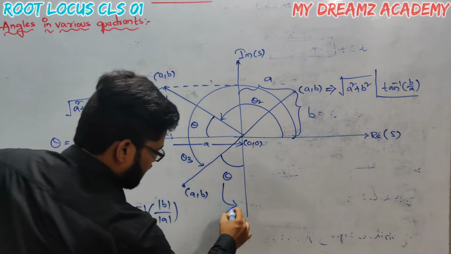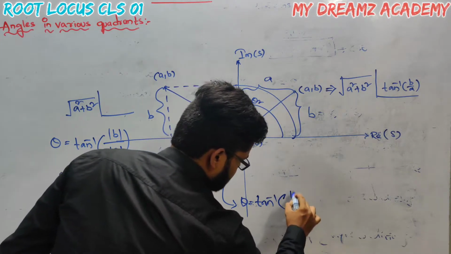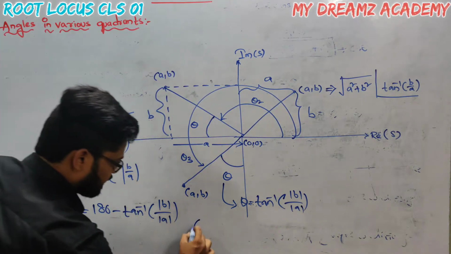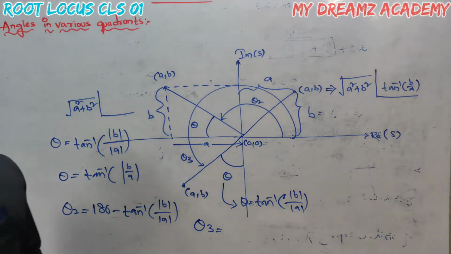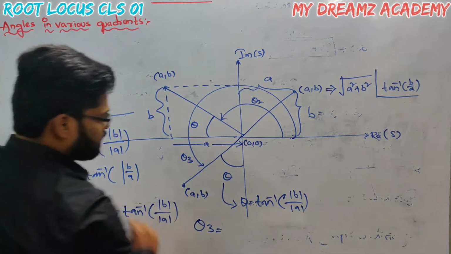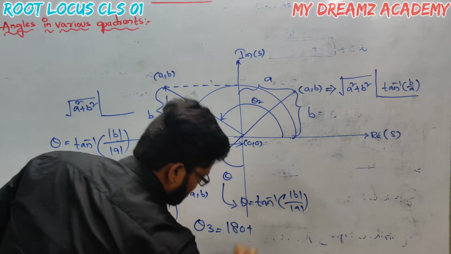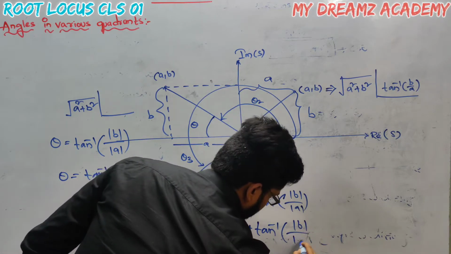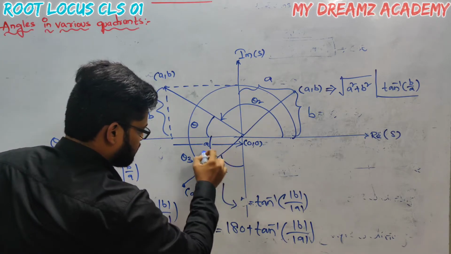Theta will be calculated as tan inverse of magnitude of B by magnitude of A, and theta 3 is equal to, from this point to this point the angle is 180 degrees, then after that we have some angle, that is theta. So we can write this as 180 plus tan inverse of magnitude of B by magnitude of A. Sorry, this theta is not this angle, theta is this angle.